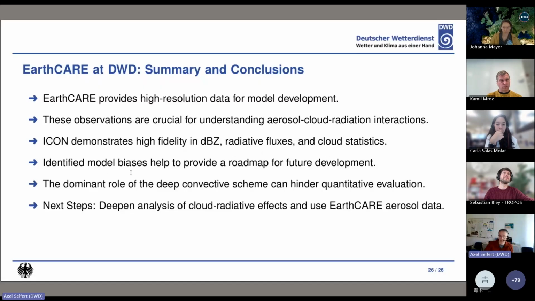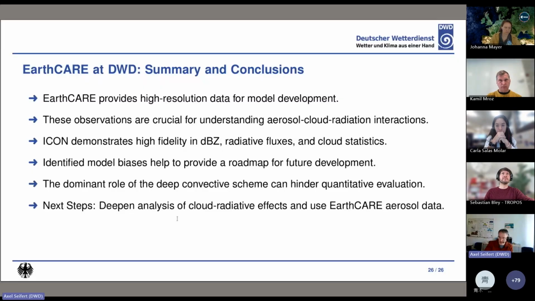And these biases that can be clearly identified help us to plan and focus our development. We come back to the old problem probably of the deep convection scheme, which also makes the evaluation difficult because you always have these contributions from the convection scheme, which are a bit harder to estimate.